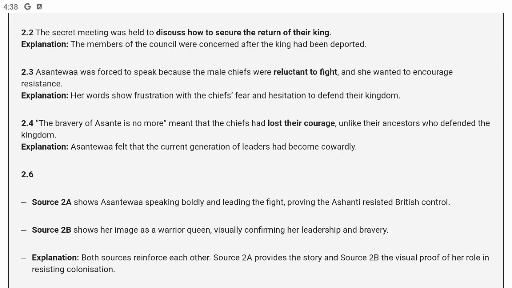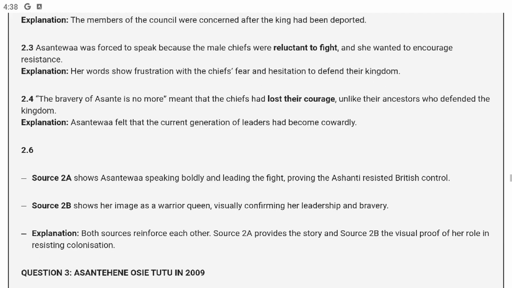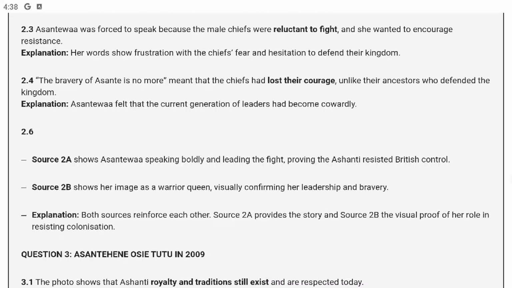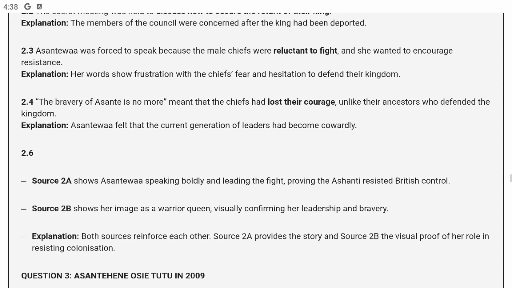Source 2B shows her image as a warrior queen, visually confirming her leadership and bravery. So both sources reinforce each other. Source 2A provides the story, and source 2B the visual proof of her role in resisting colonization.